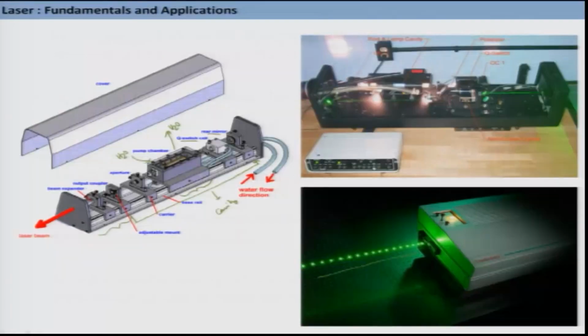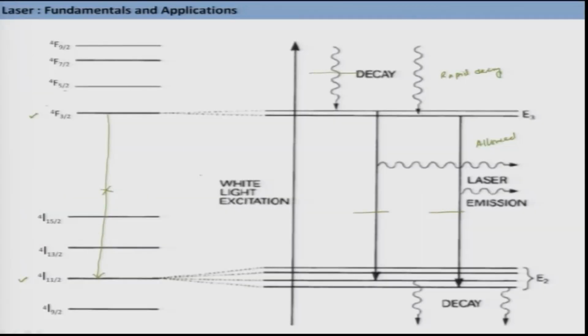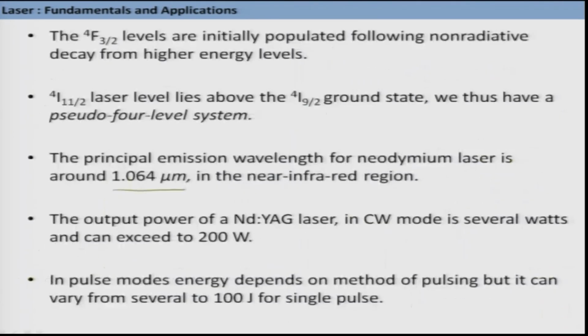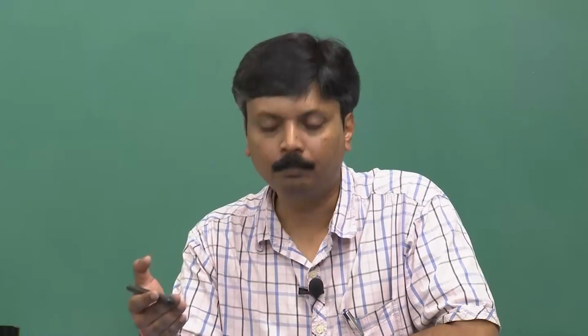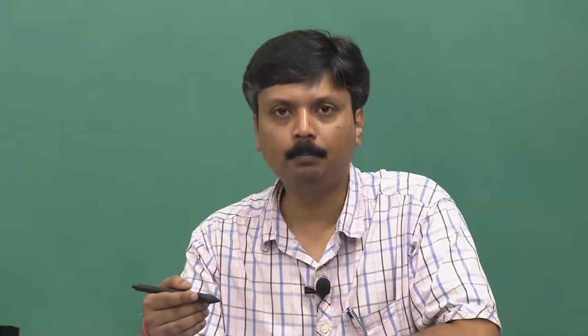If you look at the energy states, you can see that the transition is taking place between this level and this level. So the ground state is down somewhere here. So this is essentially a 4-level kind of system. And you use Q switch to create the pulsed output, and in case of pulsed operation, the energy still can be quite high, as much as 100 joule.